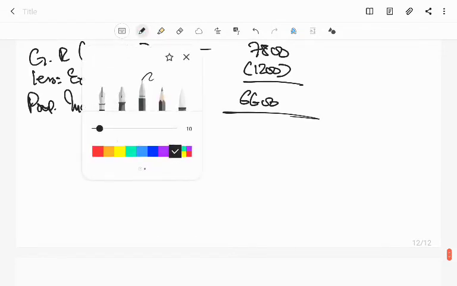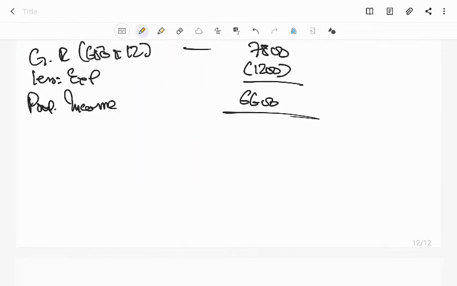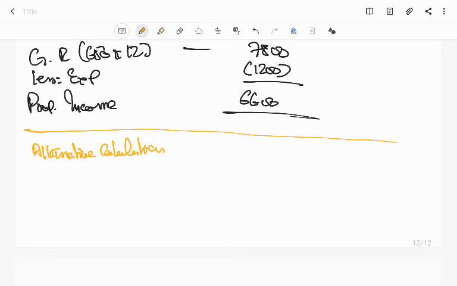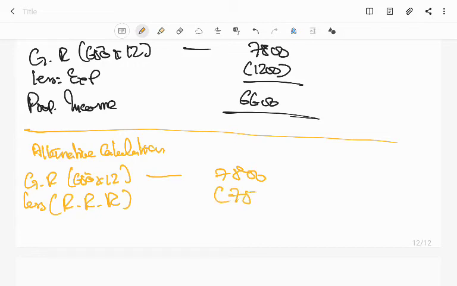Then we have the alternative calculation. Gross rent 650 multiplied by 12, which is 7,800, less rent a room relief 7,500. 300 is my property income under it.